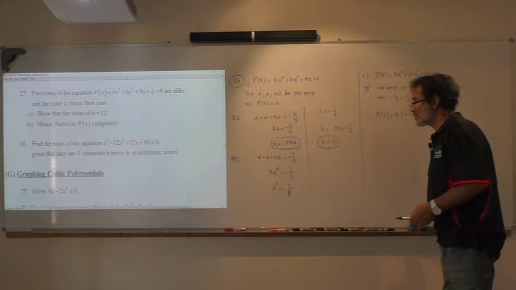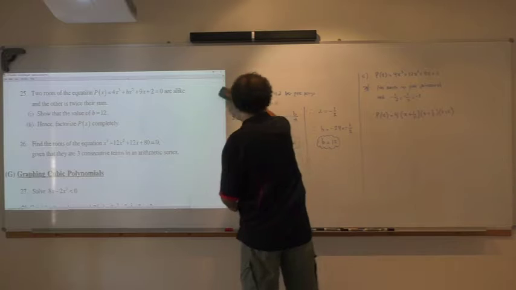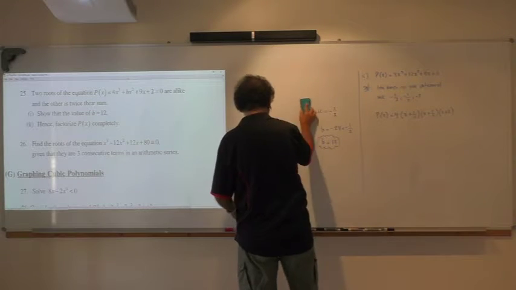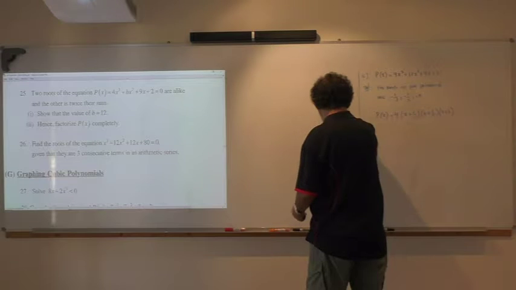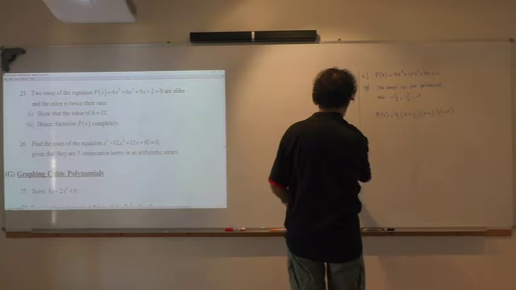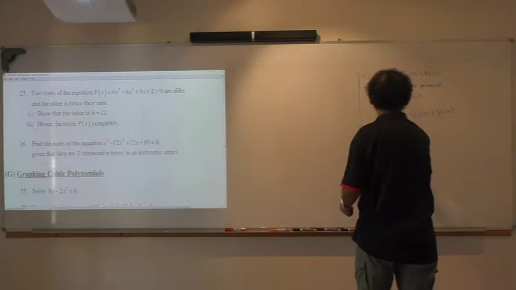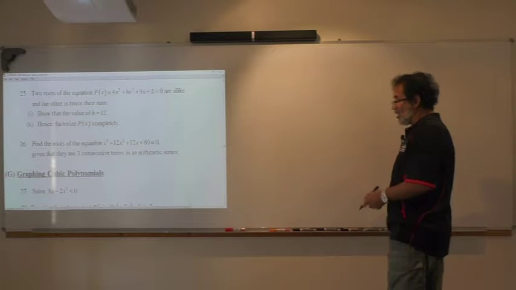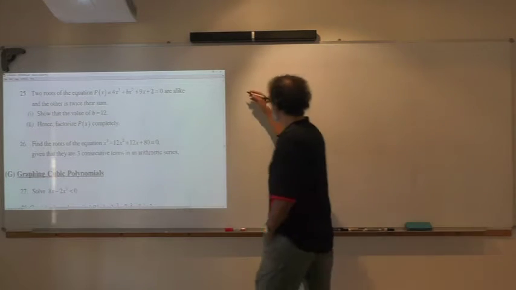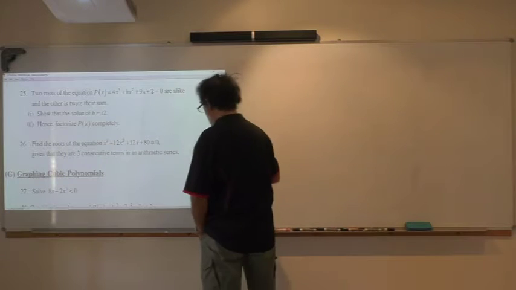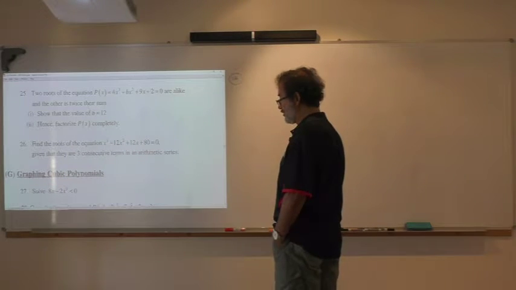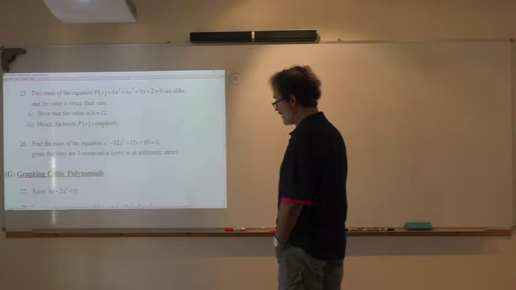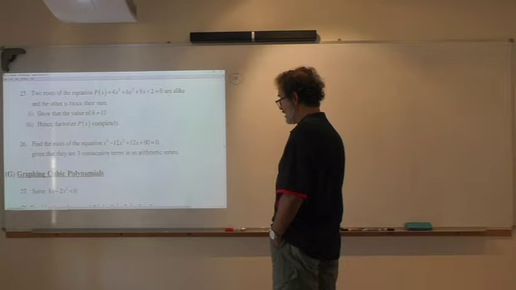So now we're going to do question 26. Find the roots of the equation x cubed minus 12x squared plus 12x plus 80 equals 0, given that they are 3 consecutive terms in an arithmetic series.